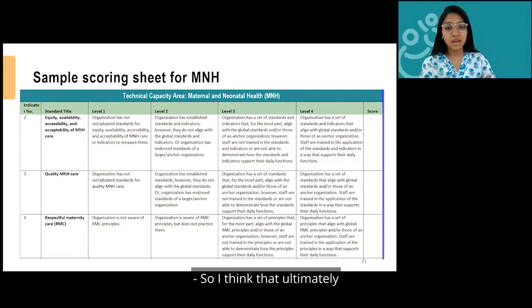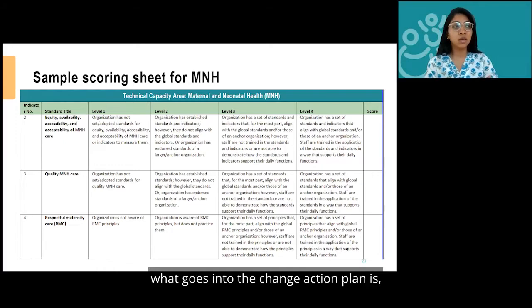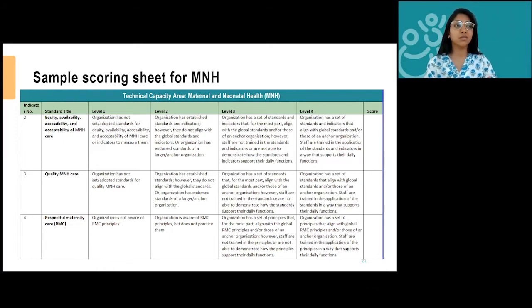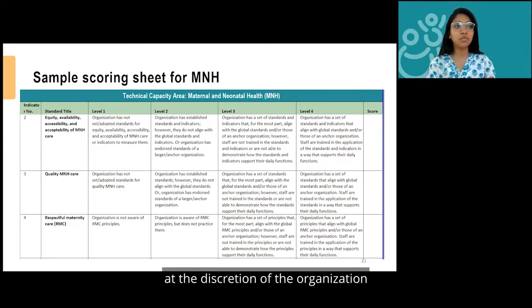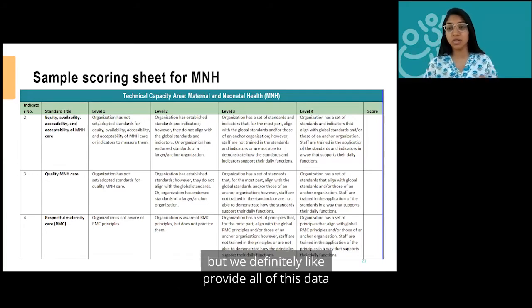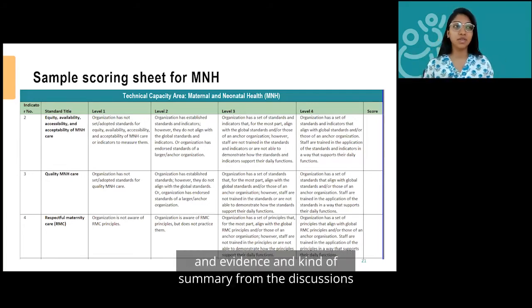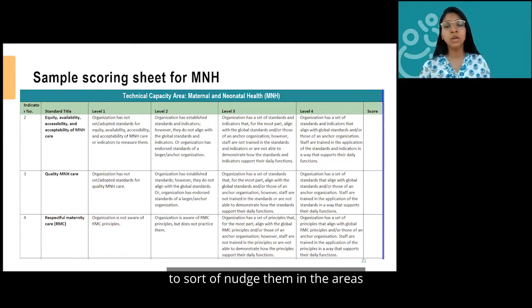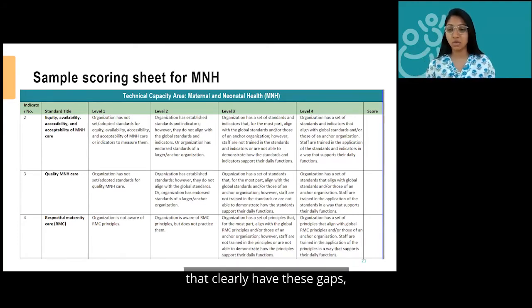Yeah, so I think ultimately what goes into the change action plan is at the discretion of the organization, but we definitely provide all of this data and evidence and a summary from the discussions to nudge them in the areas that clearly have these gaps.